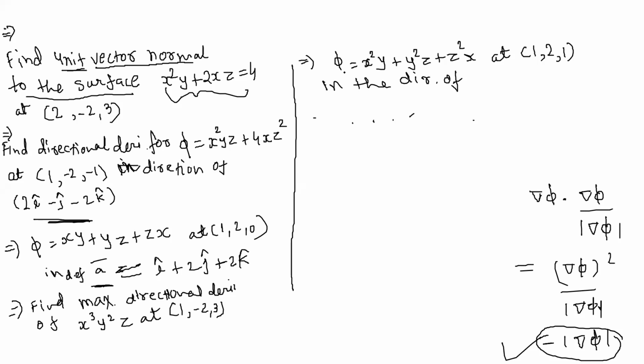If I ask you to find directional derivative of function phi at the given point in the direction of given vector a bar, then your formula is the same as the previous example, like nabla phi dot a bar upon mod a bar, right? But I'm not going to give you directly the vector.